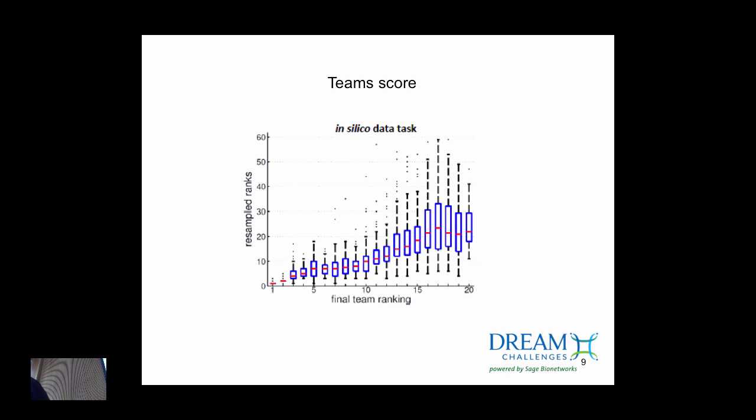We always have a choice when we run challenges of saying, okay, the winner. I don't like to call it winner, but we call them best performers, which is the euphemism. So the best performer is the one who got 0.65. The second one got 0.64. Therefore, is the best performer really the best performer, or is it statistical?